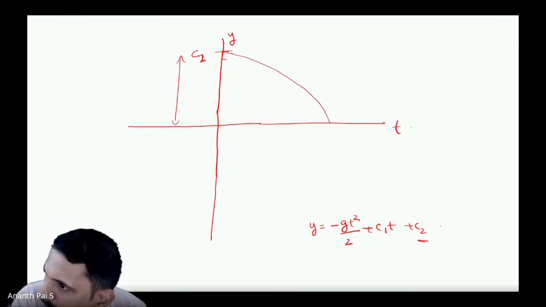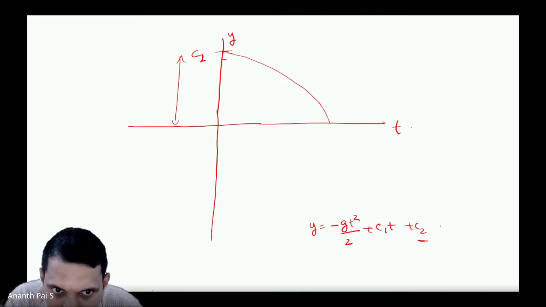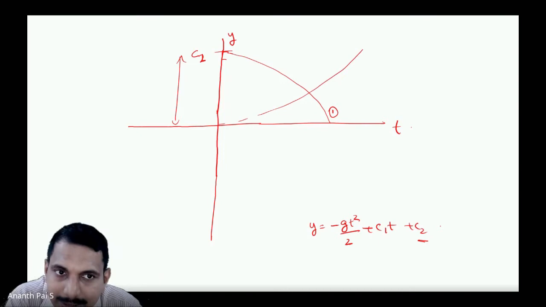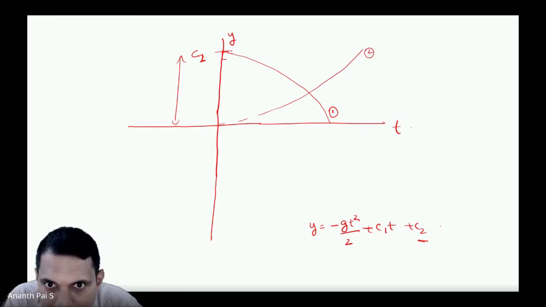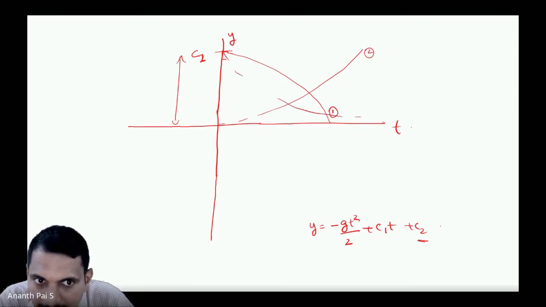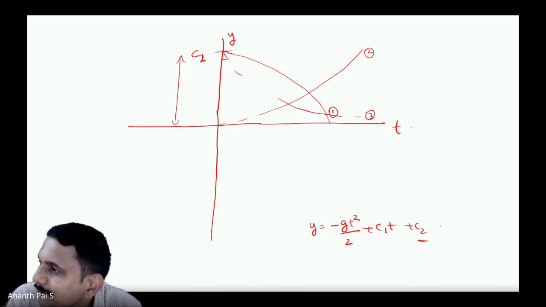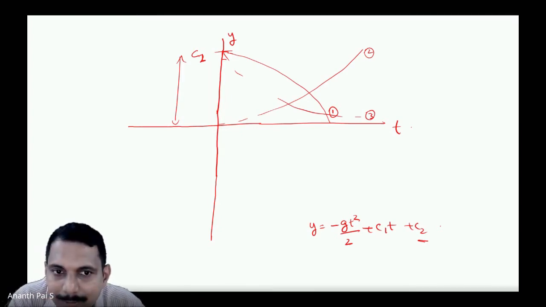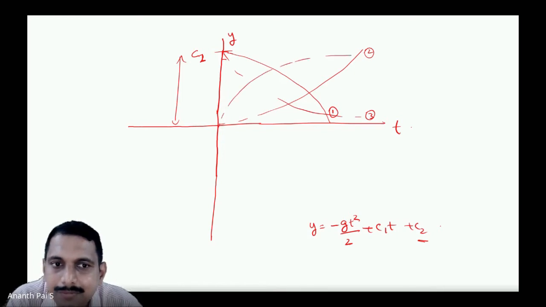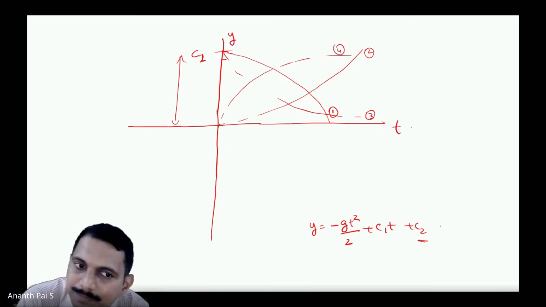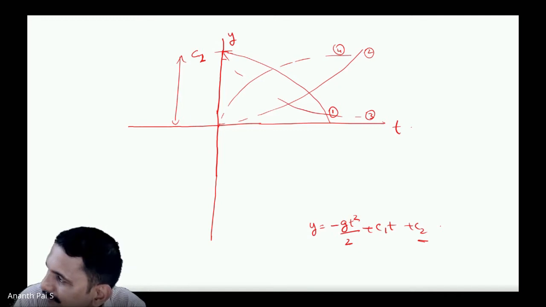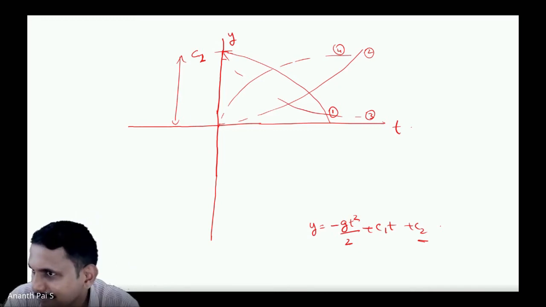Option 1 is this. Option 2 is this. Option 3 is this. Option 4 can be this. Which option is the parabolic curve?